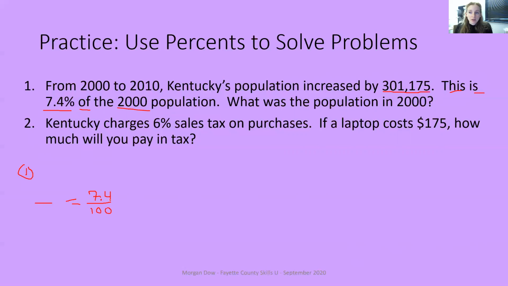Do we know the part or do we know the whole? In this situation, we know the part, we do not know the whole. The whole is the thing that's missing. And the thing that might help you figure that out is this sentence here, where it says this is 7.4% of the 2000 population.